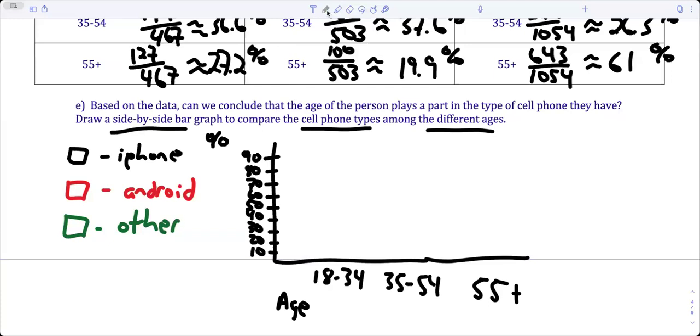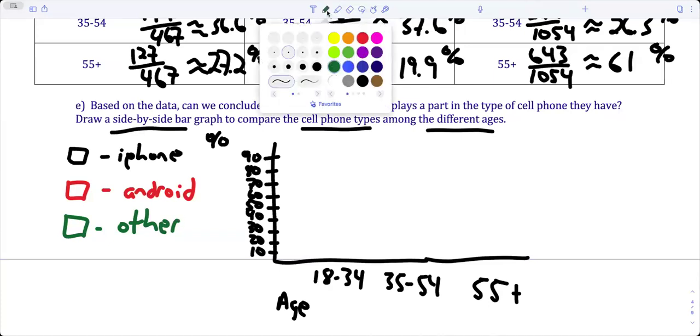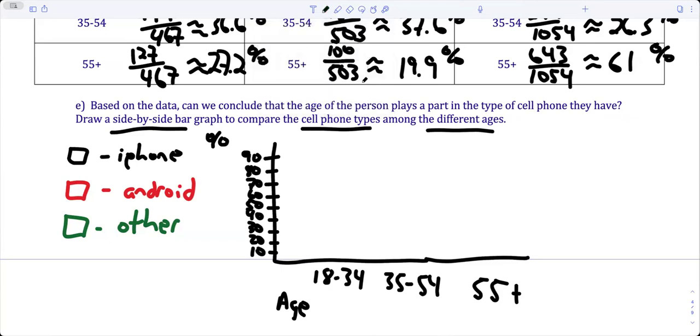Now we're going to do a side by side. Looking at these, the 18 to 34 for the iPhone was approximately 36.2%. So it might look something like that.